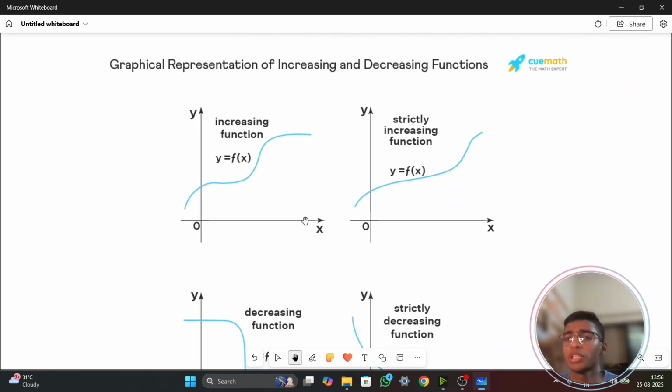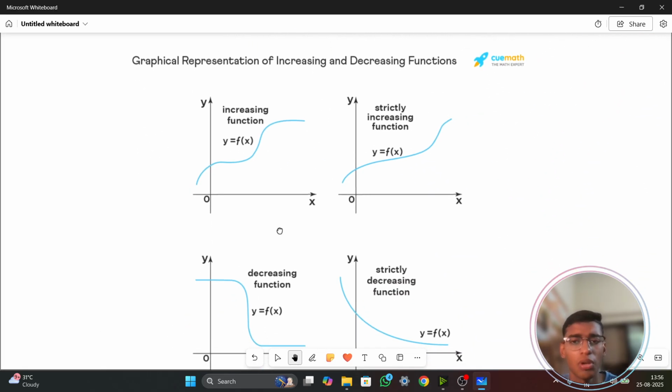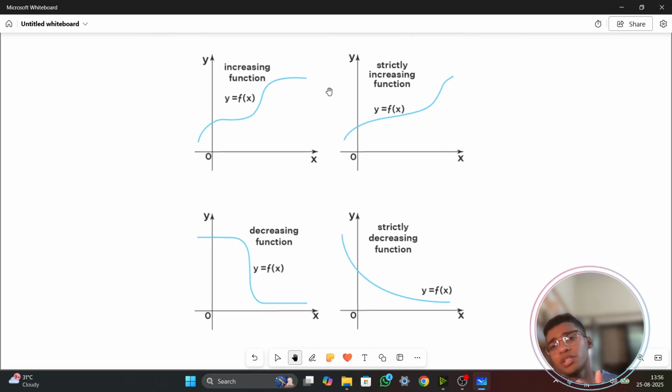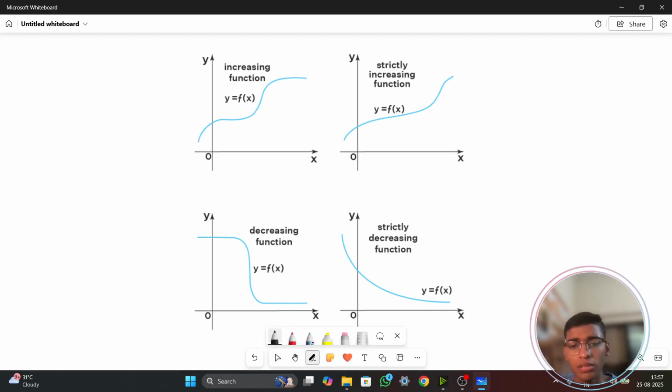Now, graphical representation of the function has been shown here. Again, this is the same thing, increasing function, strictly increasing function. We're talking about the difference between increasing and strictly increasing, and decreasing and strictly decreasing. Basically, the thing changes with less than sign and less than equal to sign. If my f dash x, that means the differentiation or my slope, is less than equal to zero, then I'm talking about decreasing function.